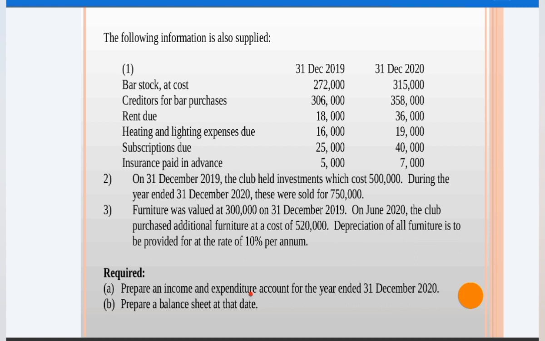What you are supposed to do is look at the assets at the start of the year less the liabilities at the start of the year, because in this illustration we have not been given the accumulated fund.